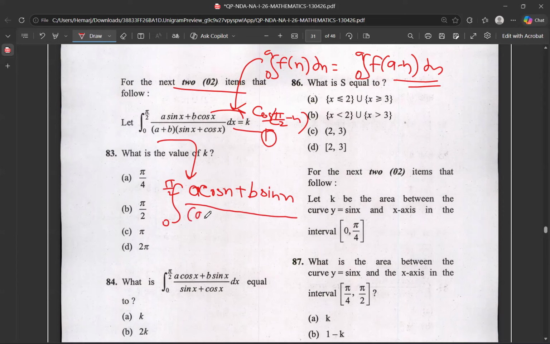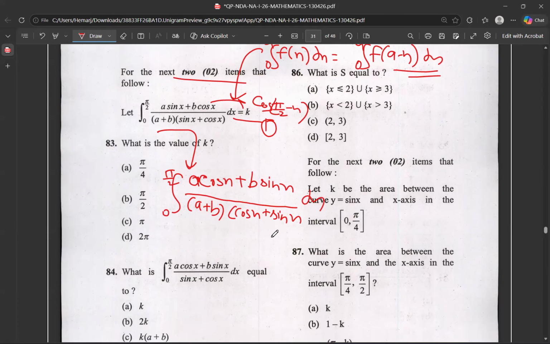In denominator, this will be like cos x plus sin x. Now just multiply this a plus b with cos x plus sin x. You will get in numerator will remain same a cos x plus b sin x.